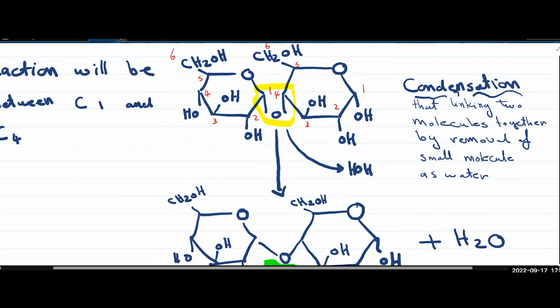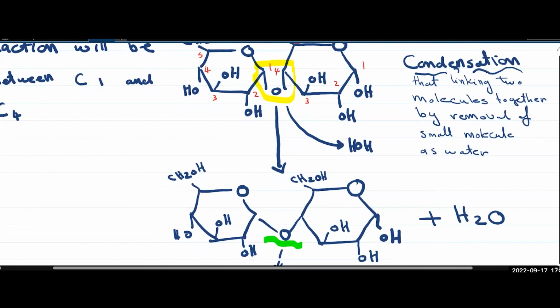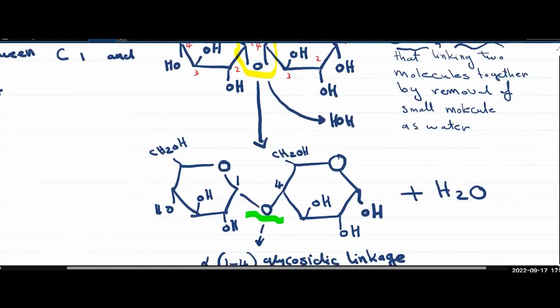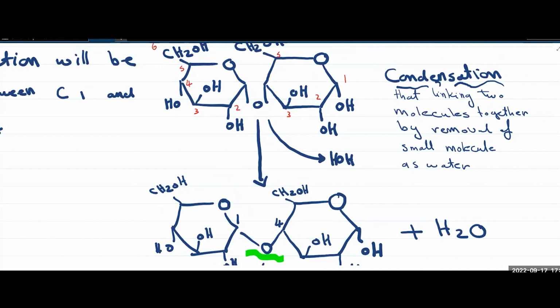This is how the two alpha glucose will be bonded together by removal of one water molecule to form that glycosidic linkage, which is called 1,4 because the bonding is between carbon number 1 and carbon number 4. This is carbon number 1, carbon number 4. Here is carbon 4, here is carbon number 1.